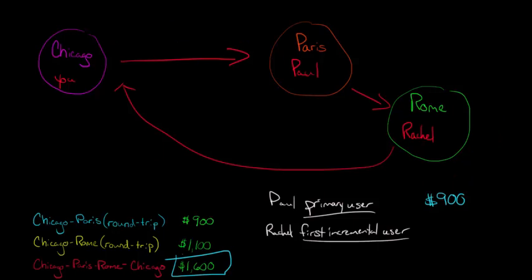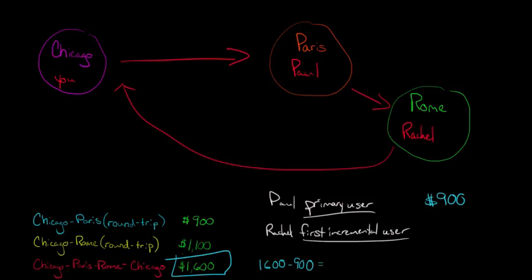Now we just ignore that $1,100 that it would cost to do standalone for Rachel, and we say, what is the incremental cost of seeing Rachel as opposed to just seeing Paul by himself? If we just see Paul by himself, it's $900. But by getting this big ticket where we go to multiple cities, it's $1,600. So we say, what's $1,600 minus the $900 to go see Paul?